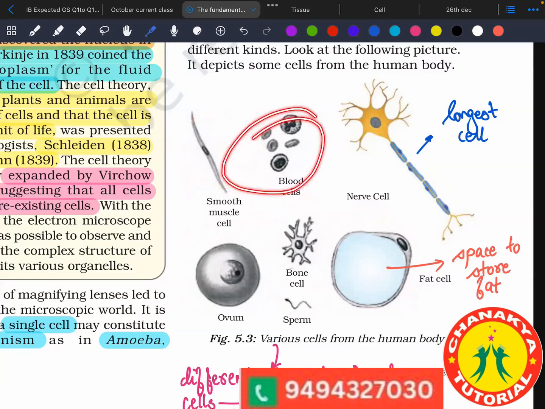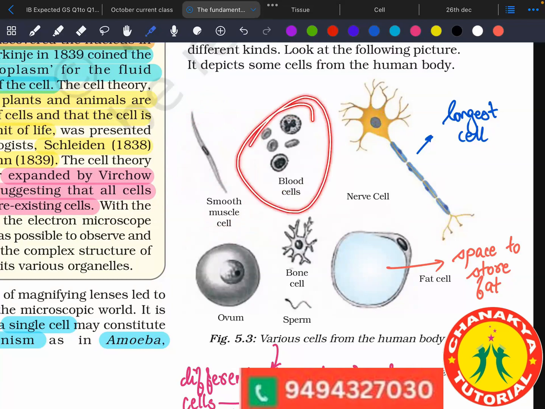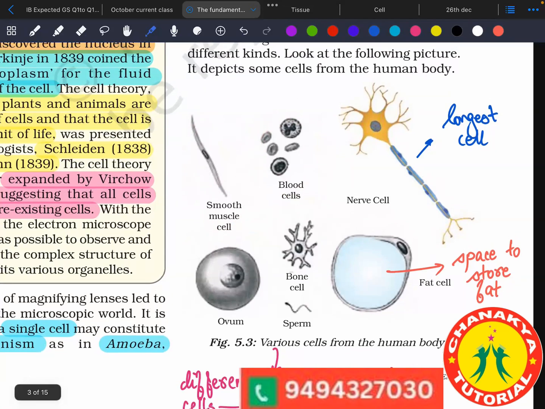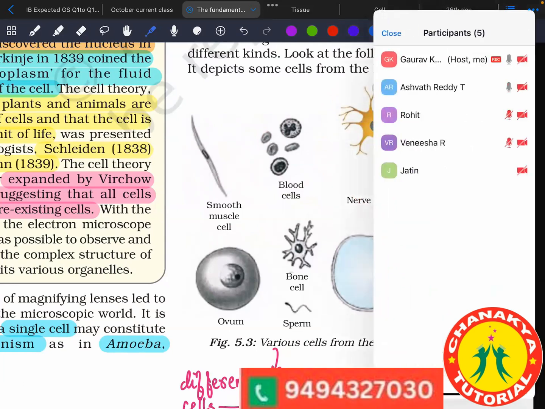These are blood cells. The work of the muscle cell is to provide flexibility. The work of the blood cell is to carry oxygen to different parts of our body. The nerve cell, what is its work?